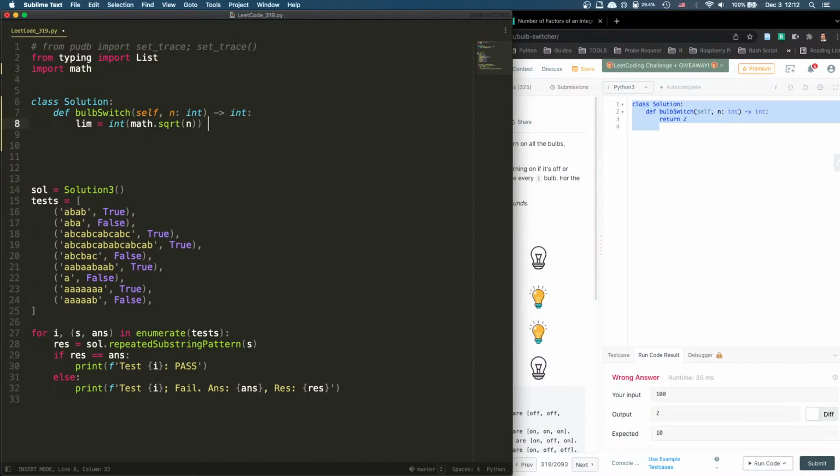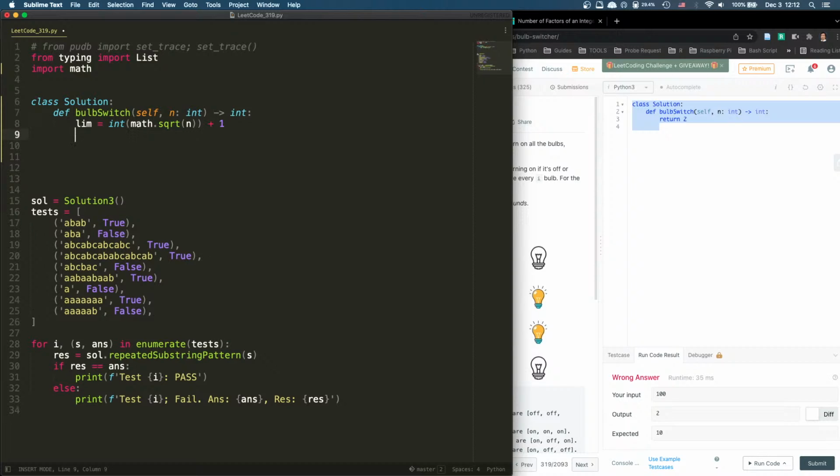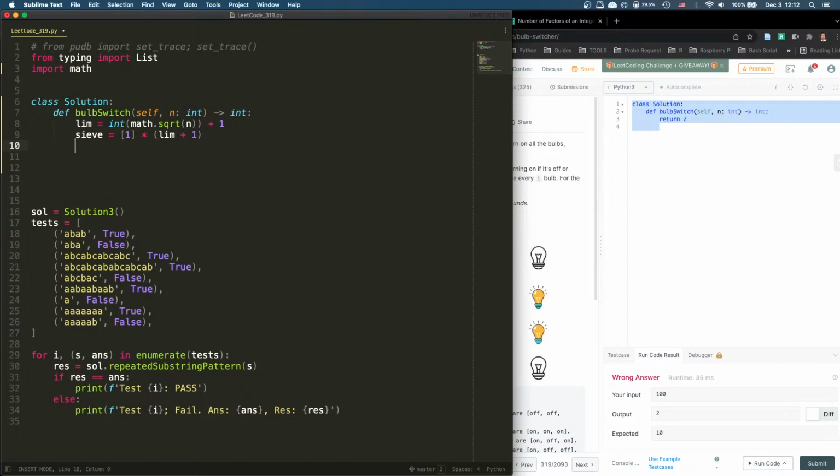Let's do this +1 then. How do we sieve it? Well, we sieve by sieve equals 1 times lim +1, right? So that's the total.